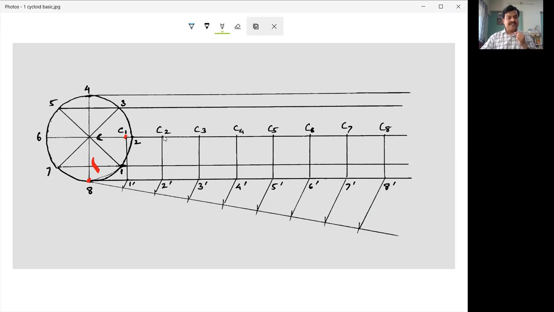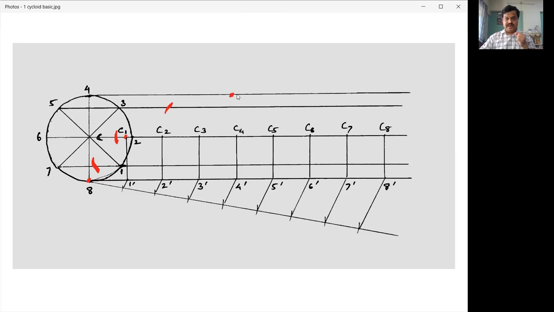When the center reaches C2, 8 would now have gone 1 step further, which means it would have gone to the level of 6, which means it has reached this middle level. From C2, cut an arc on this line, and this cycle continues. From C3, cut an arc 1 level above. From C4, cut an arc again 1 level above.